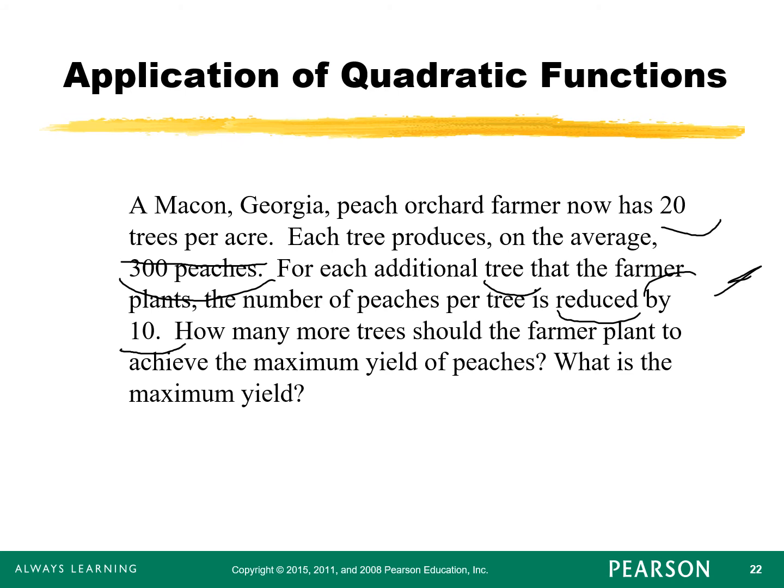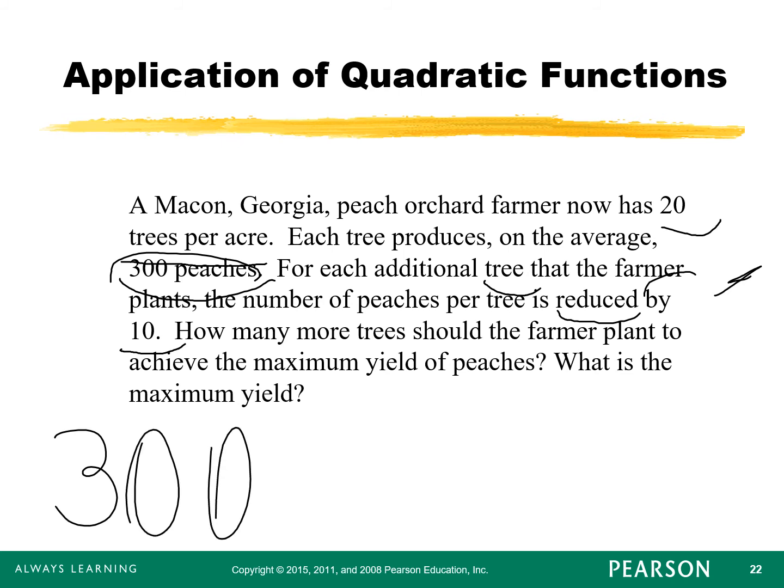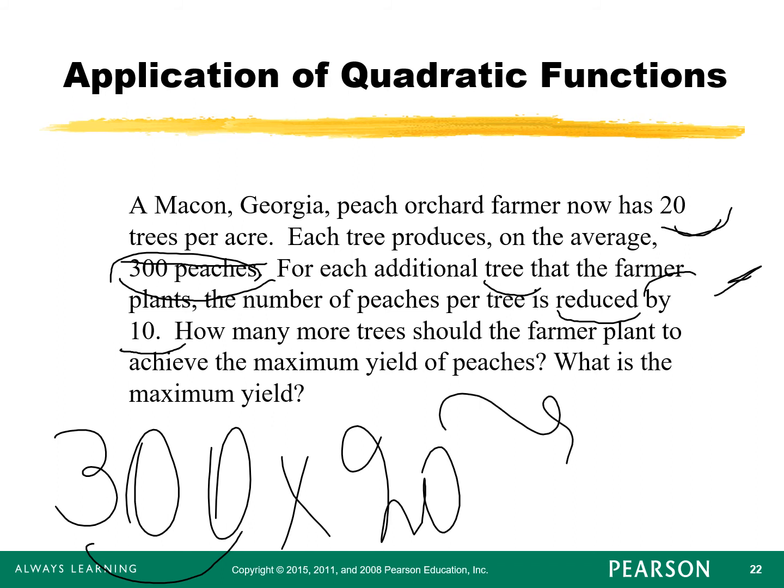For the yield, we have to take the number of peaches per tree, which is 300, and multiply it by 20, the number of trees per acre.